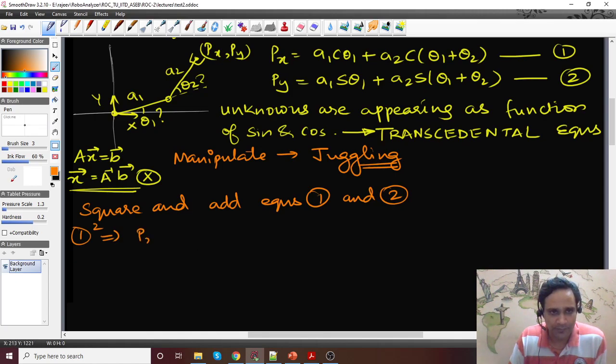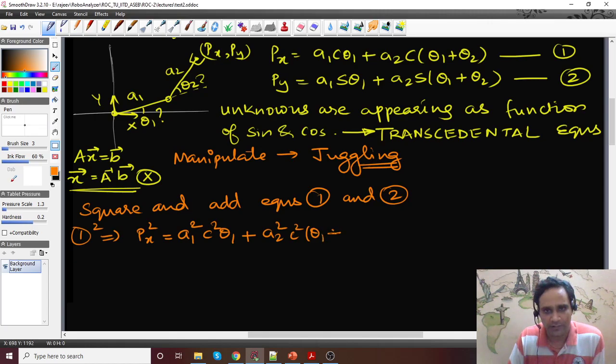Left hand side will be px square is equal to a1 square cos square of theta 1 plus a2 square cos square of theta 1 plus theta 2 plus 2 a1 a2 cos of theta 1 into cos of theta 1 plus theta 2.